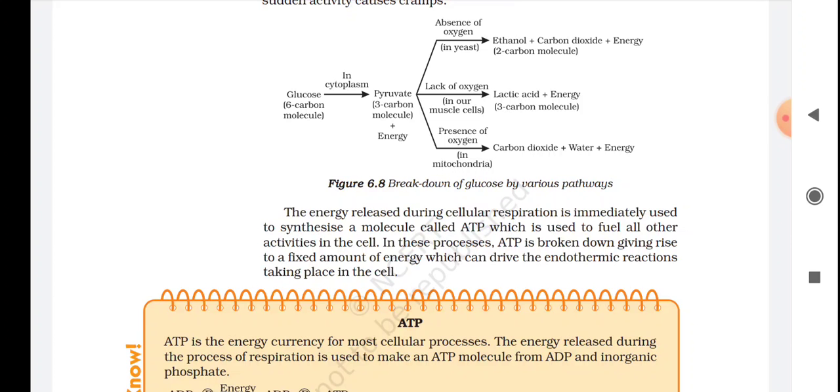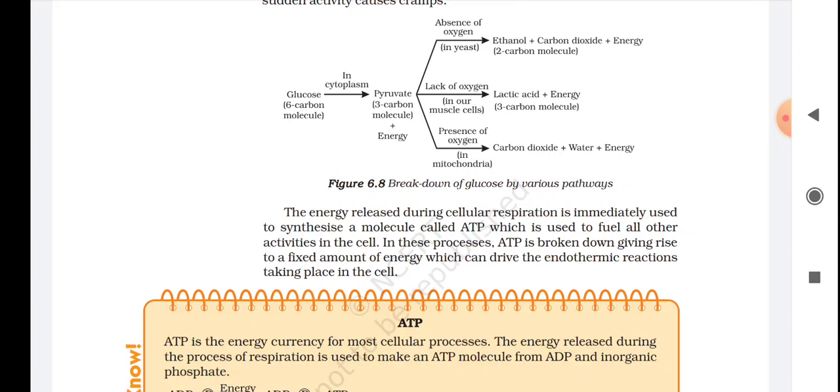So in aerobic respiration, what happens? Pyruvate, or you can say pyruvic acid, is completely oxidized into carbon dioxide molecules. In the glycolysis process, glucose is completely oxidized to produce two molecules of pyruvic acid, and in aerobic respiration, pyruvic acid is completely oxidized to give rise to molecules of carbon dioxide.